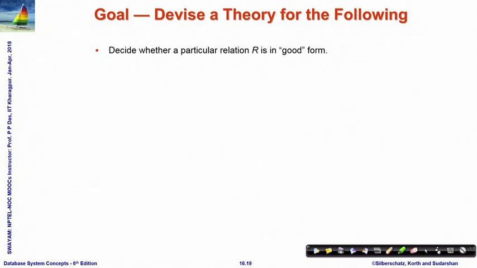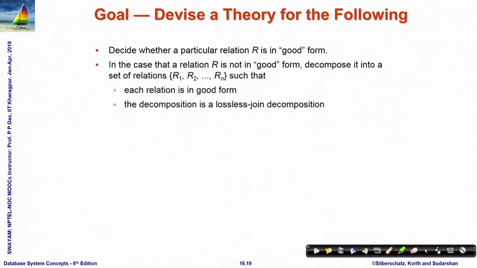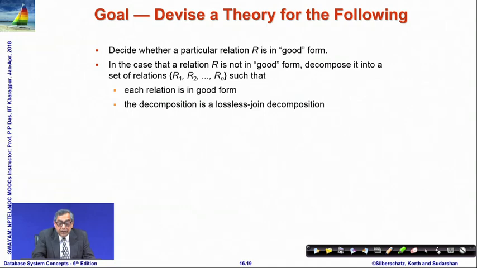Now, to decide whether a particular relational scheme is good, we need to check against certain measures, and if it is not good, we need to decompose it into a set of relations R 1, R 2, R n such that these conditions are satisfied.